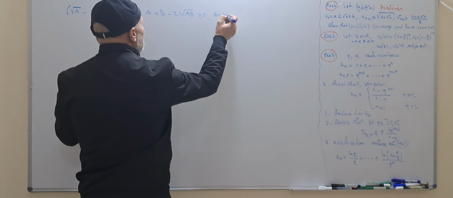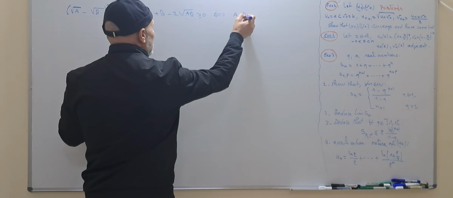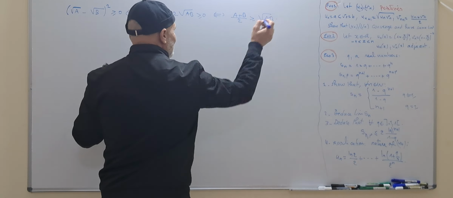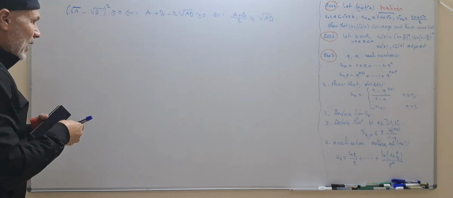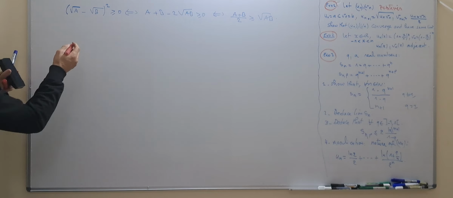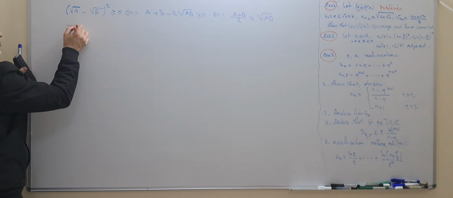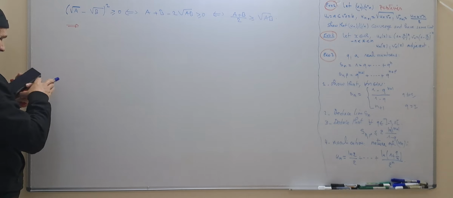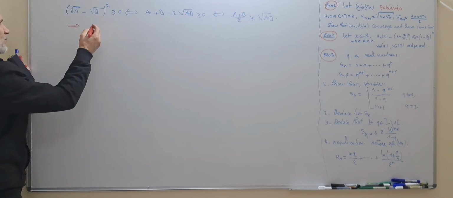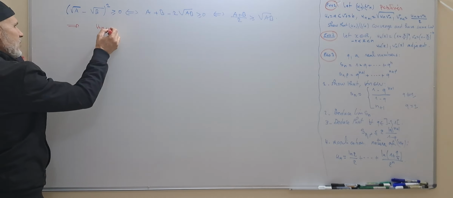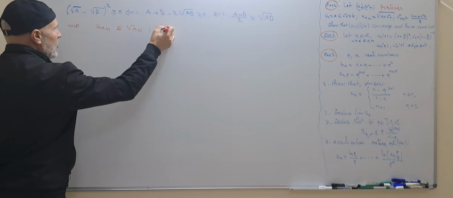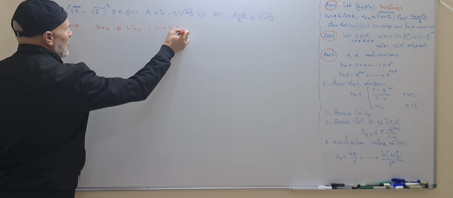This is equivalent to a plus b divided by 2 greater than or equal to the square root of ab. From this famous identity, we can deduce that un plus 1 is less than or equal to vn plus 1 for all n greater than or equal to 1.